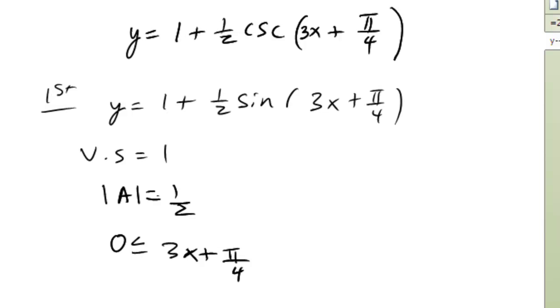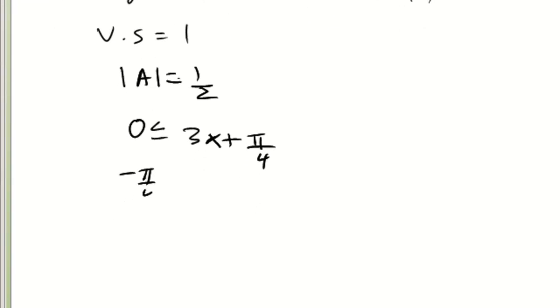And so we see here by subtracting pi over 4, negative pi over 4 less than or equal to 3x. And then dividing by 3, we get that negative pi over 12 is less than or equal to x. And so by doing this, this tells me where the graph of sine would have started if we were graphing sine. Okay, but this is still useful information.